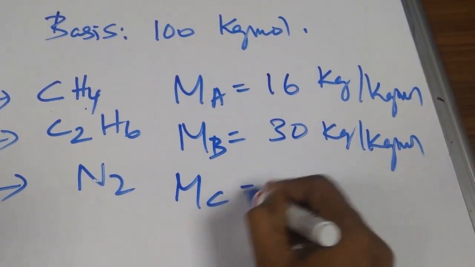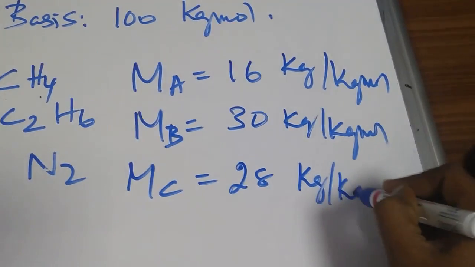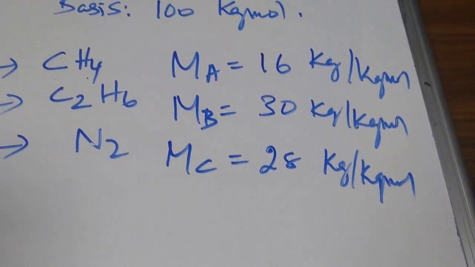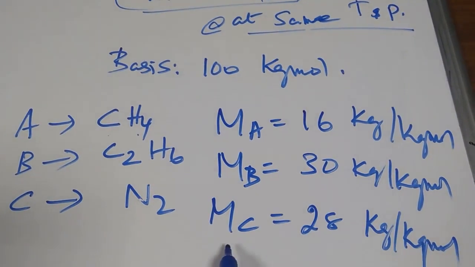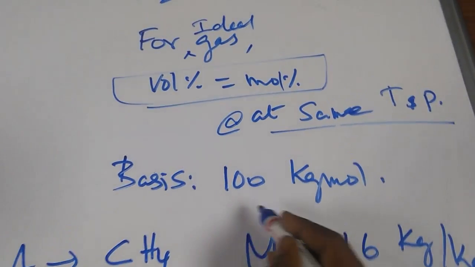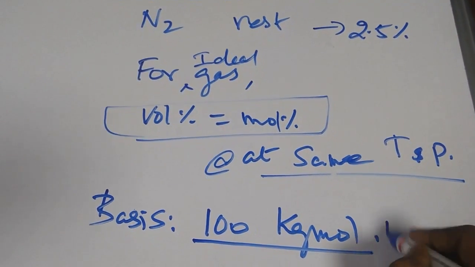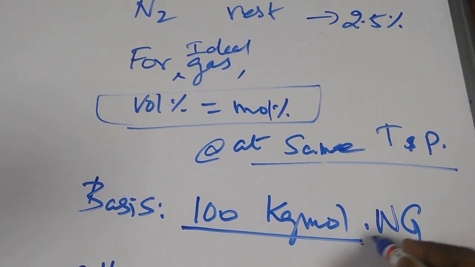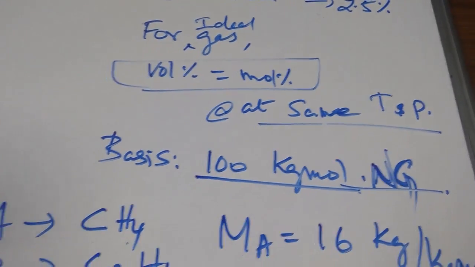Nitrogen, molecular weight of C is 28 kg per kg mole. We have taken 100 kg mole of natural gas as the basis.